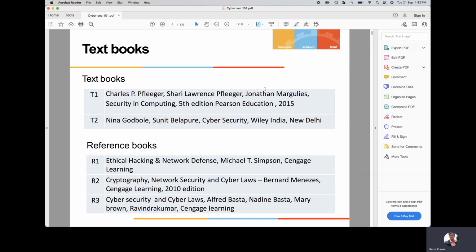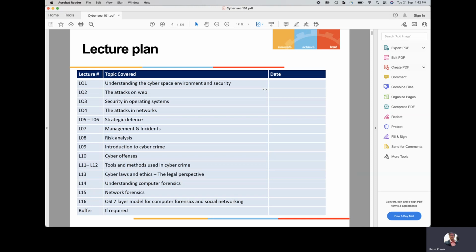Before that, these are the books. I don't tell you to have these books, but if you can grab a free PDF version from somewhere, that will be really helpful, and you might get deep insight into these topics. Okay, and this is the plan of our lecture. So let's get started with the first thing.